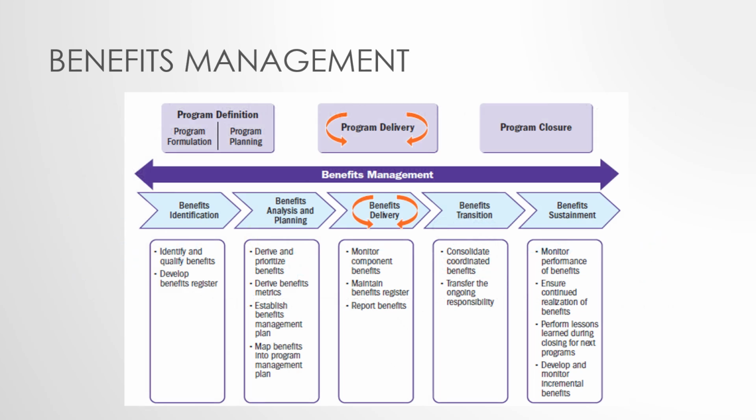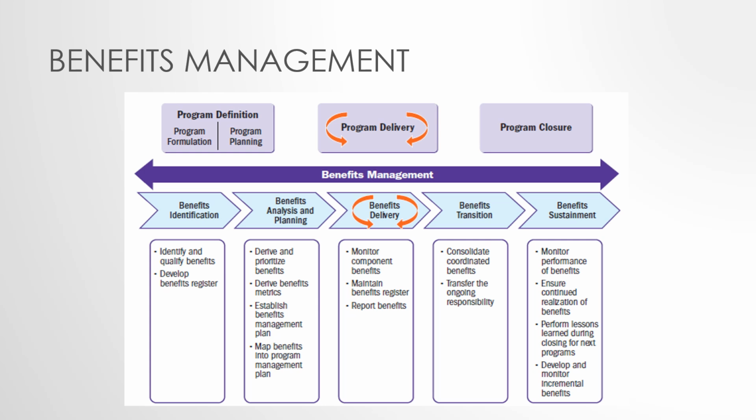As PMI shows us in this figure, benefits management consists of 5 steps: benefits identification, analysis and planning, delivery, transition, and finally sustainment. We can also see how benefits management covers the 3 phases of the program life cycle, starting with program definition, passing through delivery, and ending with program closure.